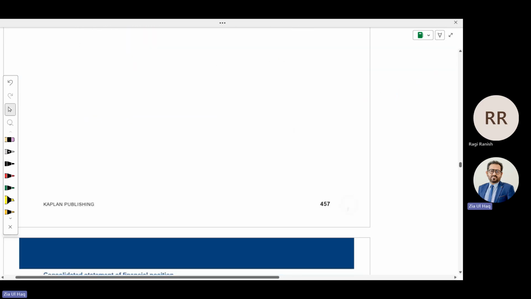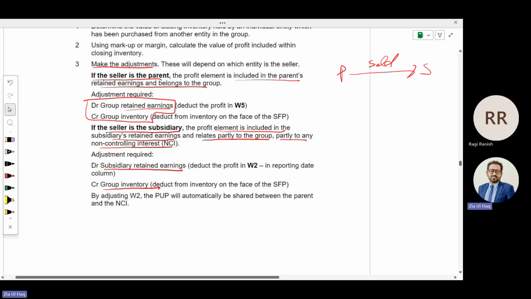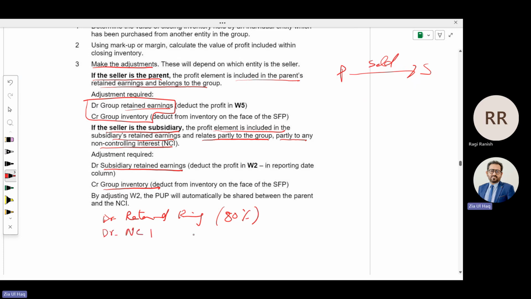So we need to give their profit part. For that purpose, we need to record the accounting entry: debit retained earnings with whatever is our percentage, 80%, debit non-controlling interest, and credit inventory with 100%.